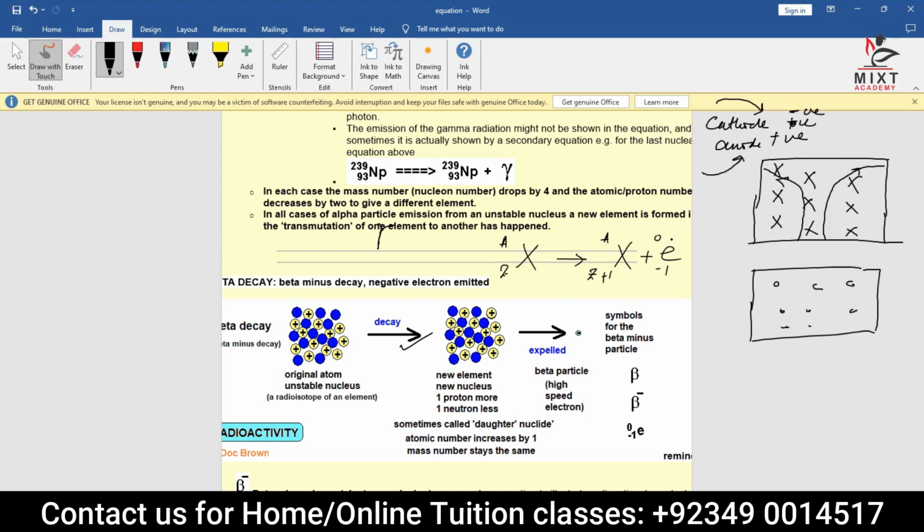So, proton number will be increased by 1.